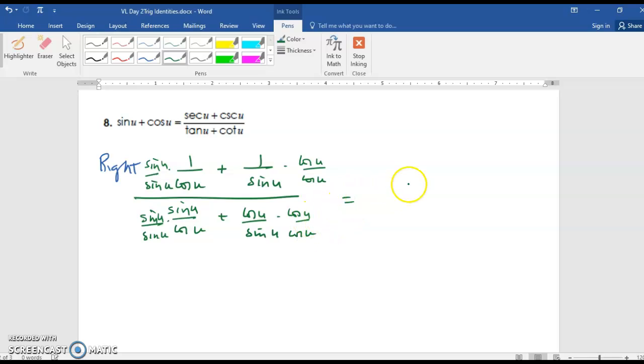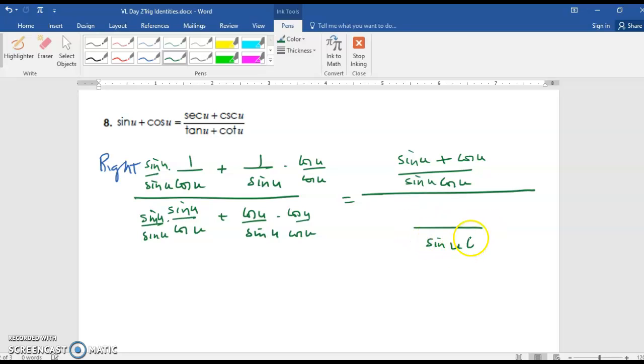So this will be sine u cos u as a common denominator. This is just the numerator here. So this is sine u times 1, which is sine u, and cos u, right? But in the denominator, its denominator is sine u cos u, but you have here sine squared u plus cos squared u.